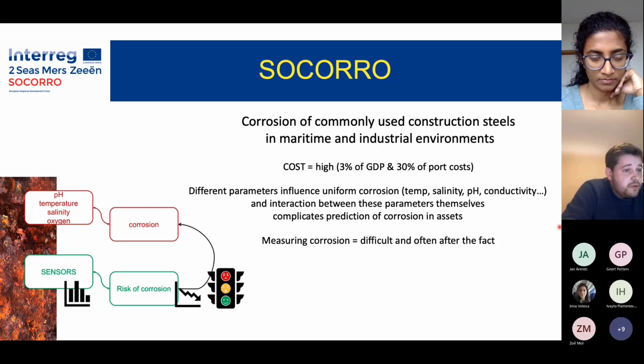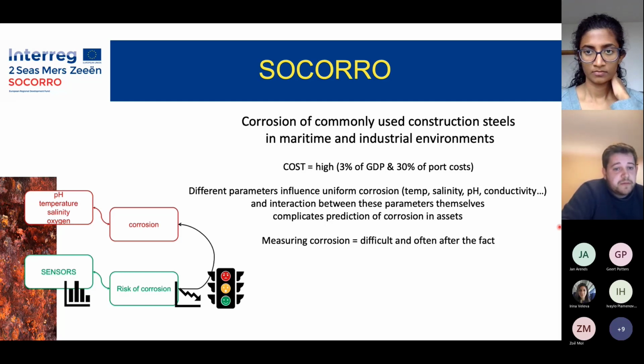Furthermore, measuring corrosion is difficult and is often done only after the fact. For example, visual inspections, ultrasound inspections, and in a maritime context, diving teams are necessary to do inspections on corrosion. And of course, this only takes place after corrosion has happened.